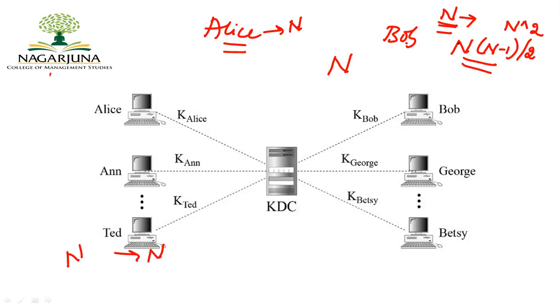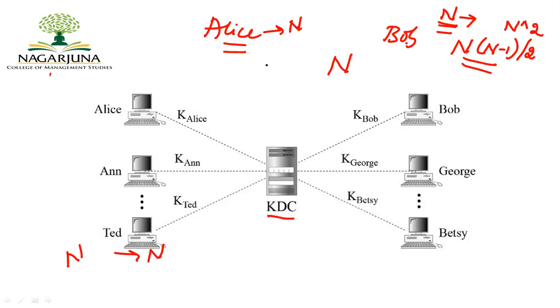In such a case, we are going to take the help of a third party, a trusted party. We call it a trusted third party. One such trusted third party is your KDC. KDC is nothing but the key distribution center, where you make use of symmetric key distribution.